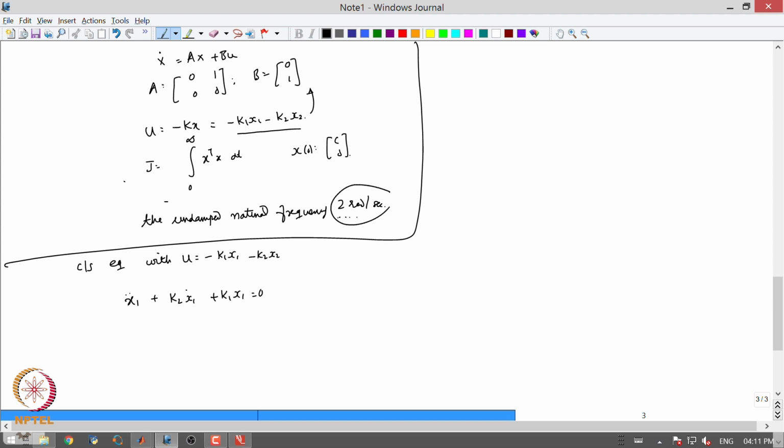Next, this substituted here would mean that k1 equal to 4. Okay. So, essentially I am now looking at a minus bk of the form 0 1 minus 4 and minus k2. Okay. Now, first is well, when is a minus bk stable? Whenever k2 is greater than 0, a minus bk is stable.